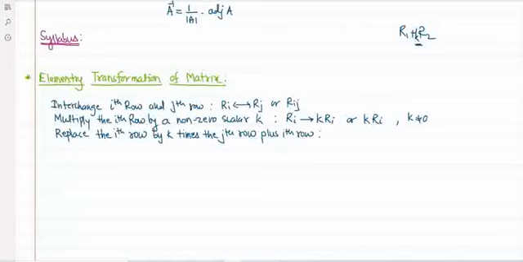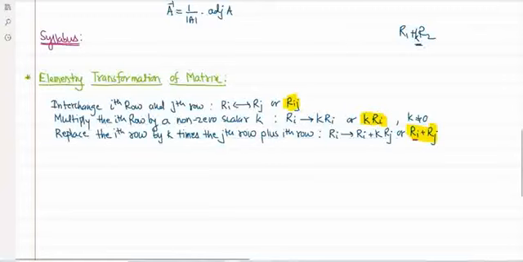And this transformation can be denoted as you are changing the ith row to Ri plus k times Rj, or simply you can write Ri plus Rj. I am following the second notation. While solving examples, I will follow these notations. When I am writing like this, that means you are changing the ith row. Here I forgot to write k. It is multiplied by k.